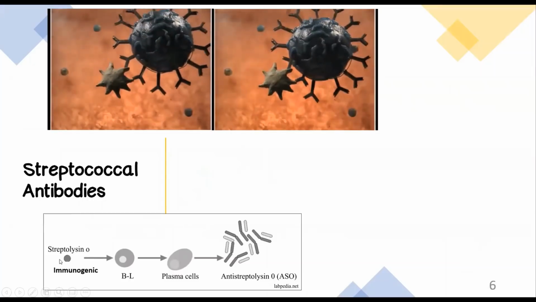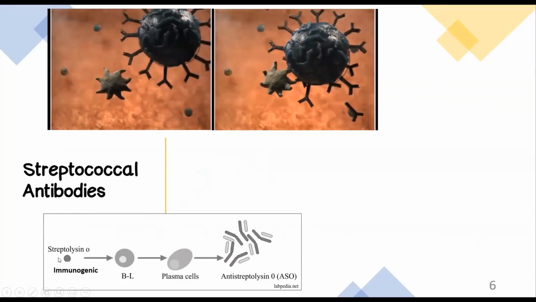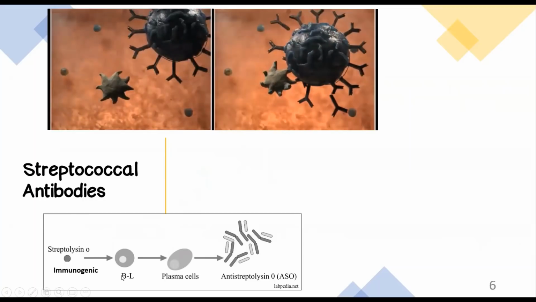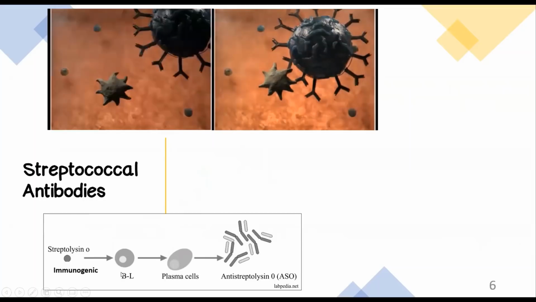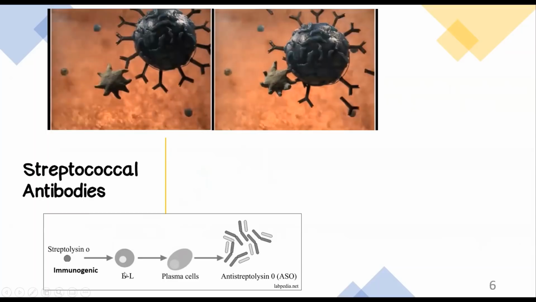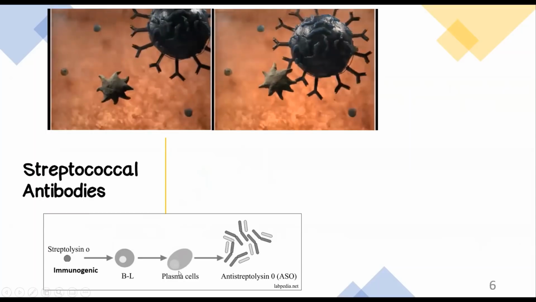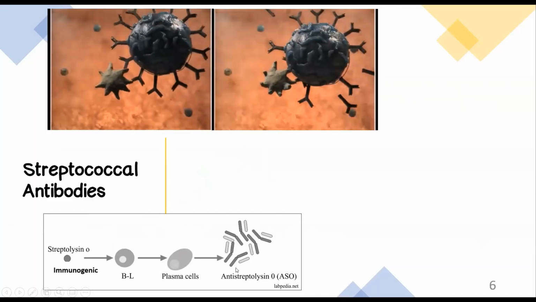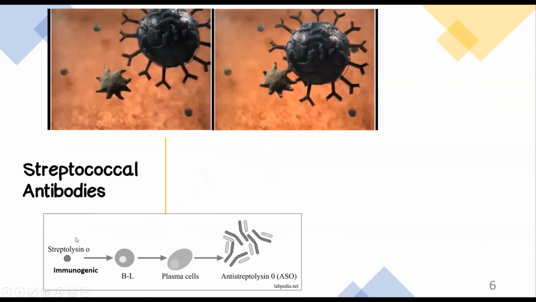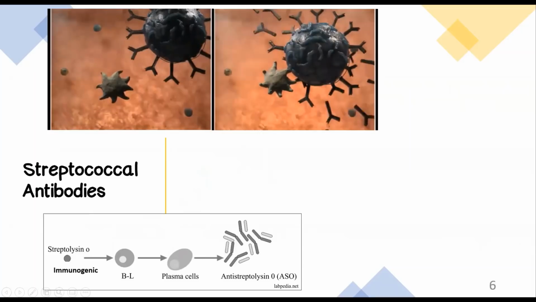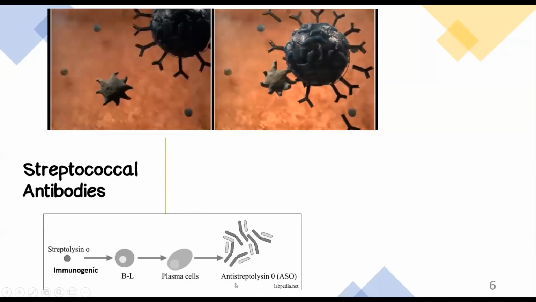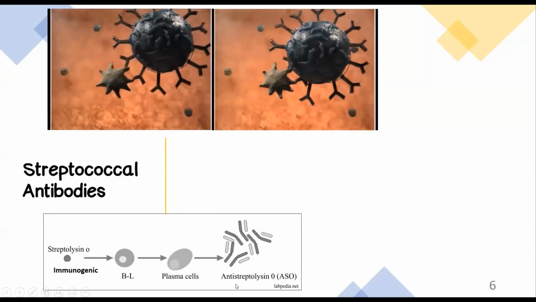For example, streptolysin O can cause activation of B lymphocytes. When a B lymphocyte is activated, it is converted into plasma cells. And these plasma cells will produce antibodies directed against streptolysin O. And these are called the anti-streptolysin O antibodies.